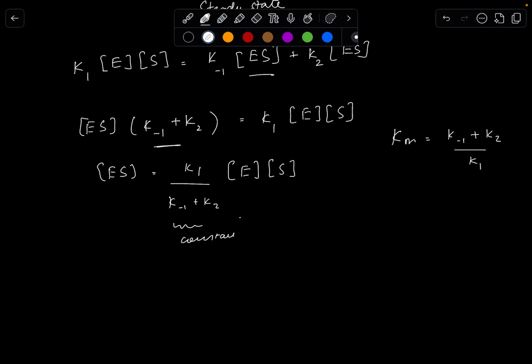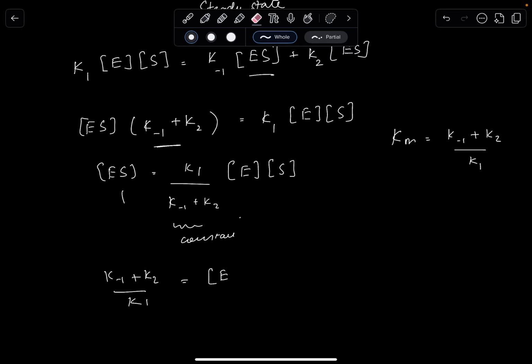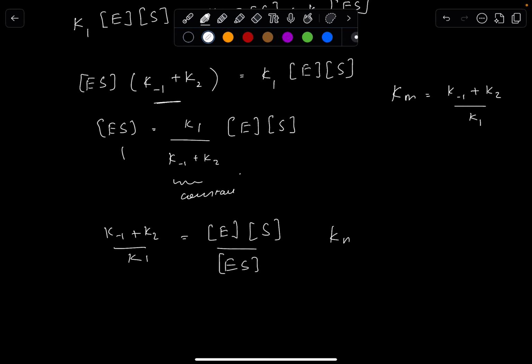So if I moved it to the other side and brought my ES over here, I could say that Km equals, because now this is just like that.